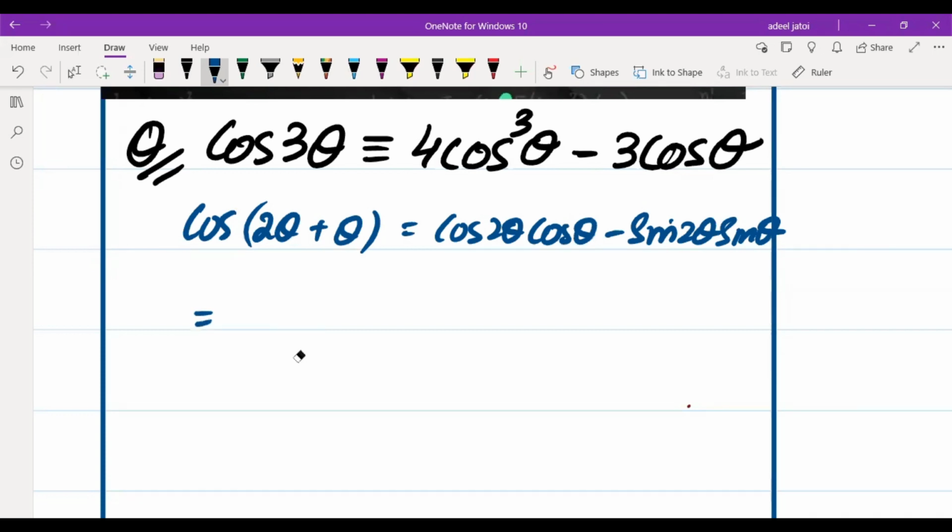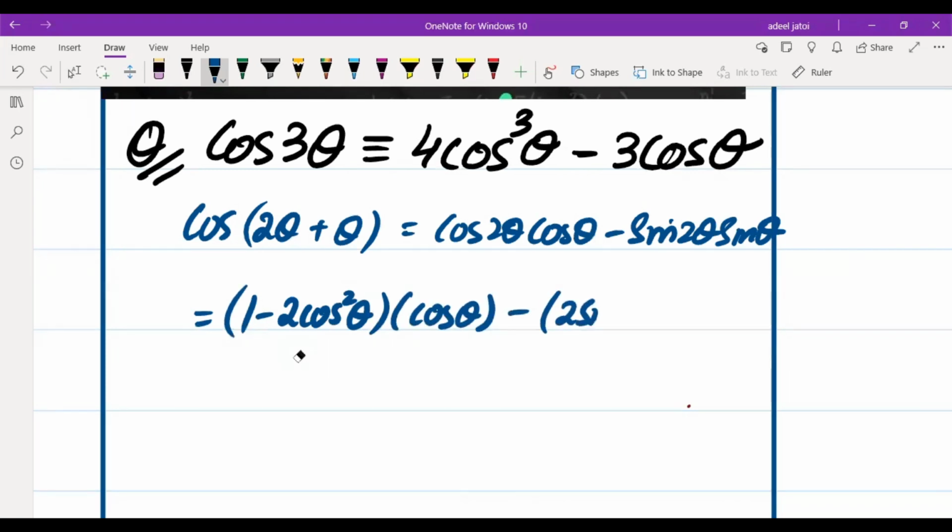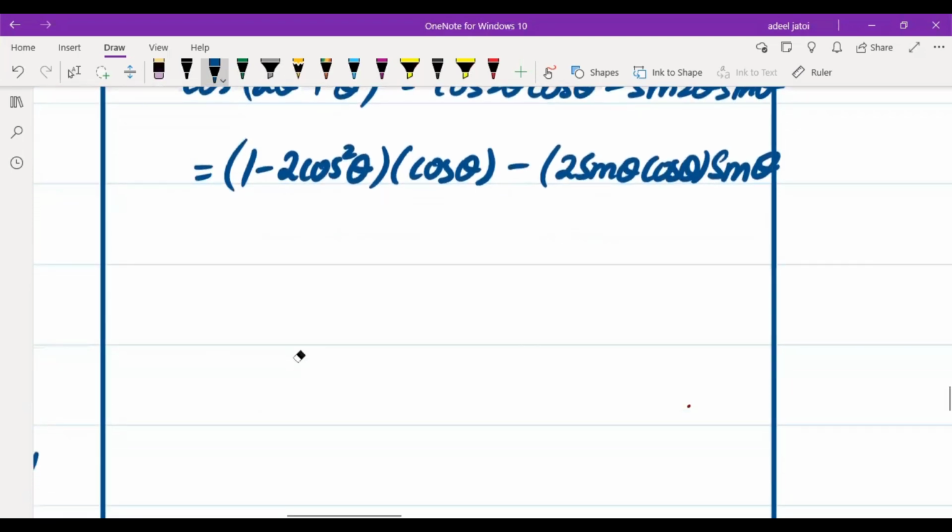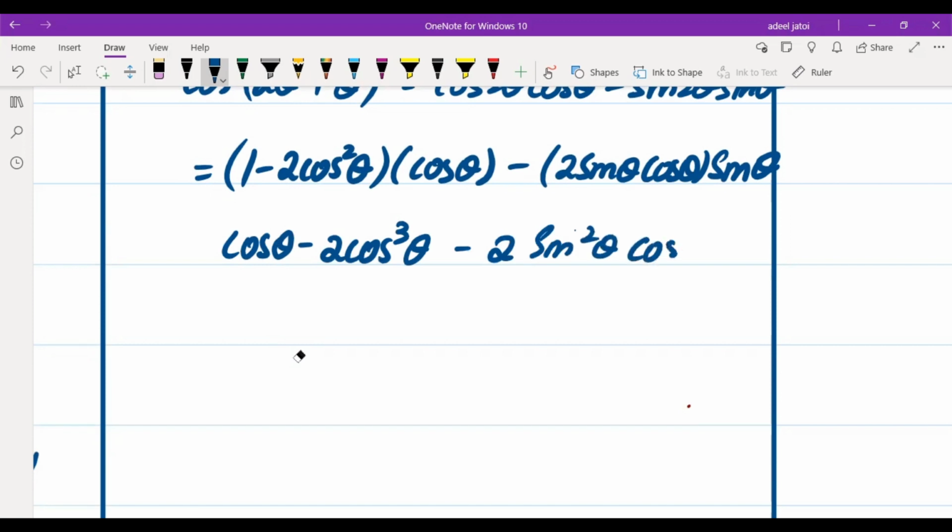Cos 2 theta, since we need the answer in cos, we can always write this thing as 1 minus 2 cos square theta multiplied by cos theta minus 2 sin theta cos theta multiplied by sin theta. So this thing should be cos theta minus 2 cos cube theta minus 2 sin square theta cos theta.